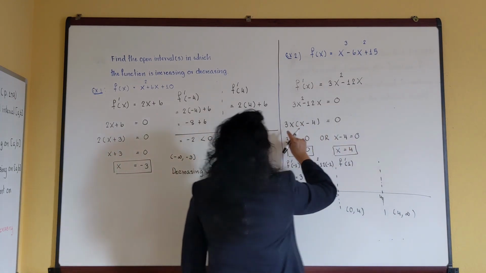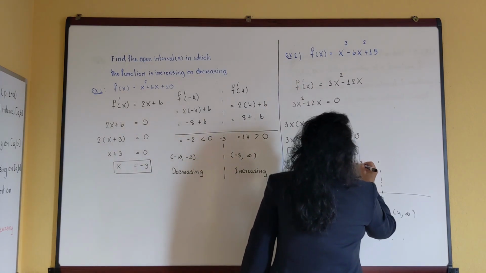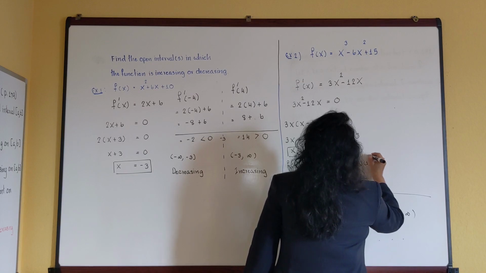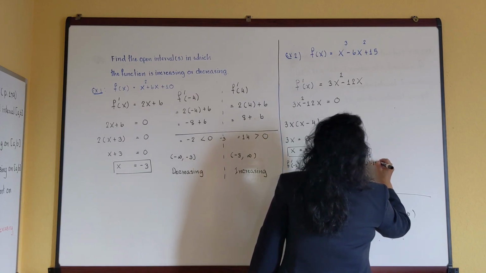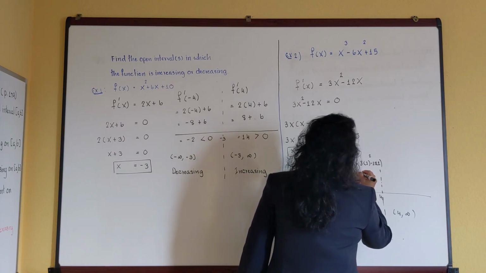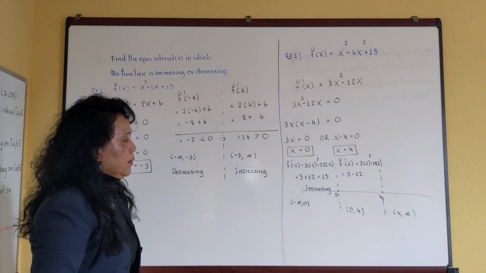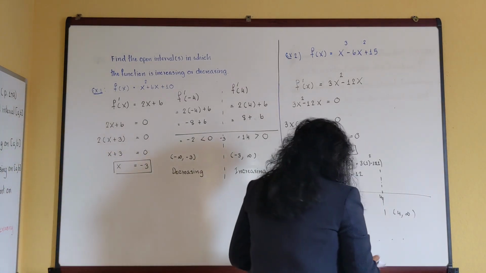Again, substitute in f prime of x. Then I have 3 times 1 squared minus 12 times 1, which is 3 minus 12. Again, you can solve it or you can see that it's negative. Then this is a decreasing function.